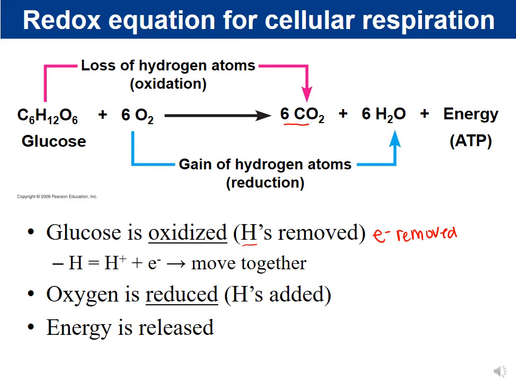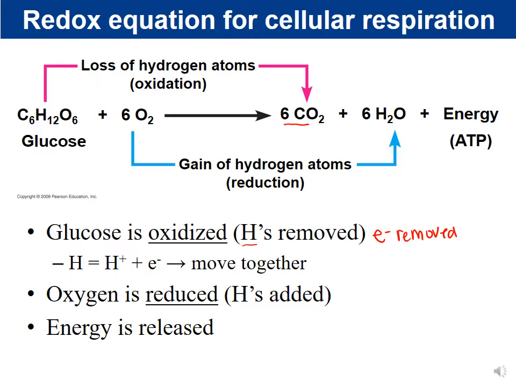So the hydrogens on the glucose are going to be transferred, and at the end, what's going to take those electrons and those hydrogens is going to be oxygen, O2.